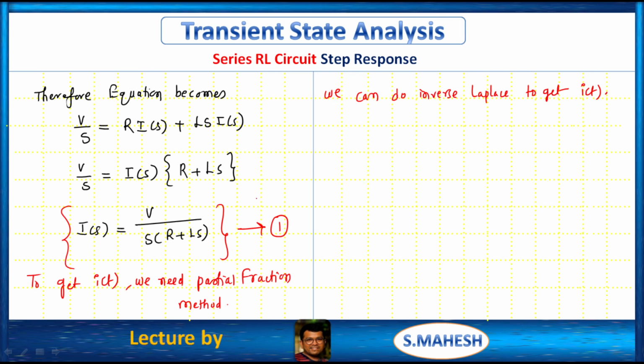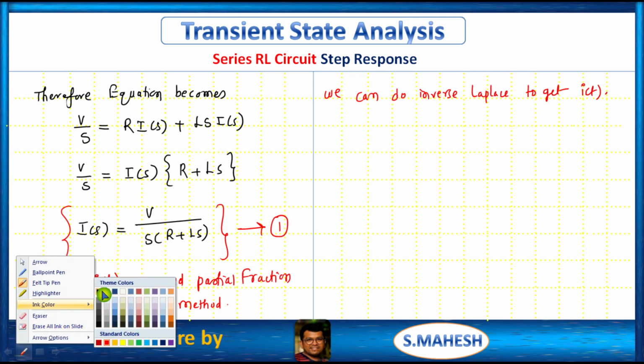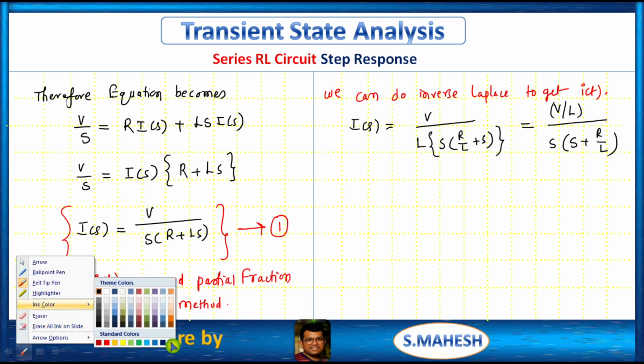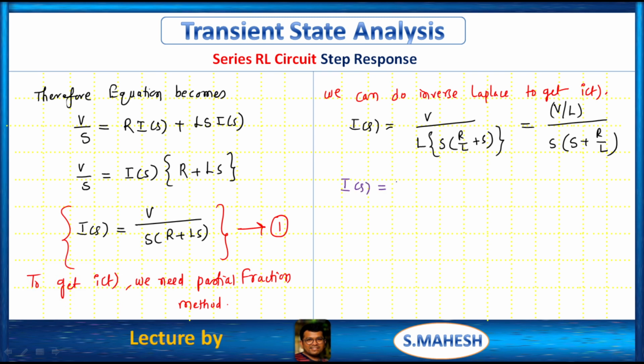So what is the equation here? Sorry, first I would like to take I(s) equals V by L into (s plus R by L), which equals (V by L) by s into (s plus R by L).